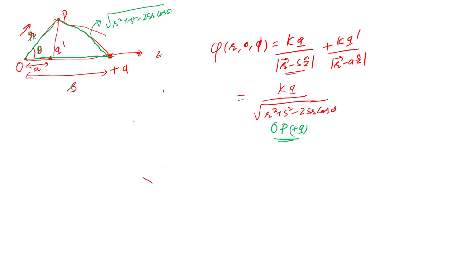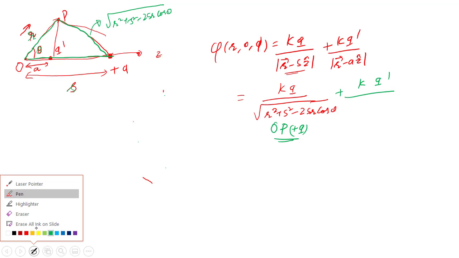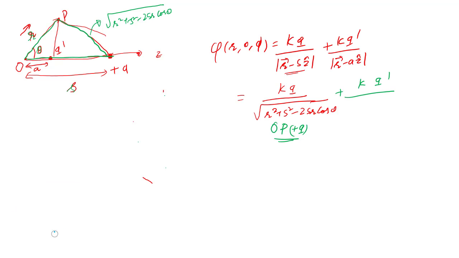Similarly, I would have plus k q prime. For this one, I would be considering the triangle OP and q prime, and that gives me the square root of r squared plus a squared minus 2ar cosine theta.